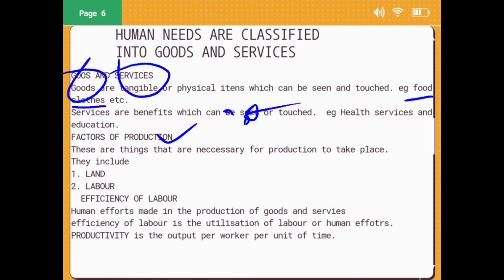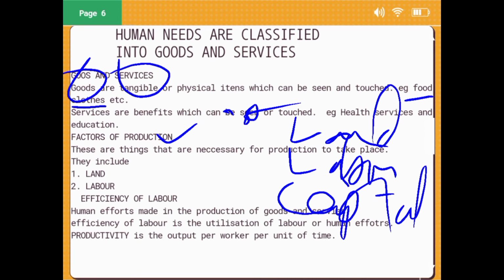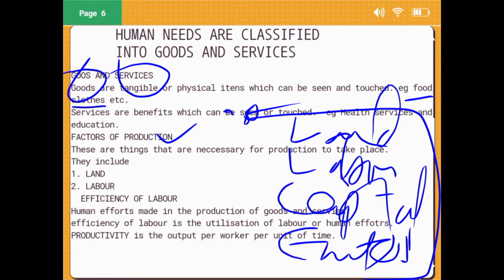We have land, labor, capital, and the recently discovered one, enterprise, though it is mostly discussed in commerce. Enterprise. Those are the 4 factors of production, things which are needed for production to occur.